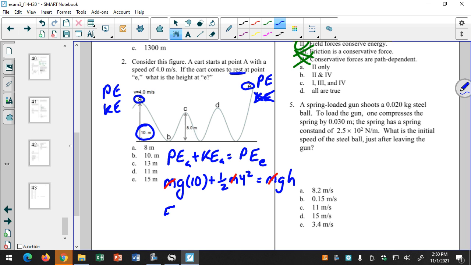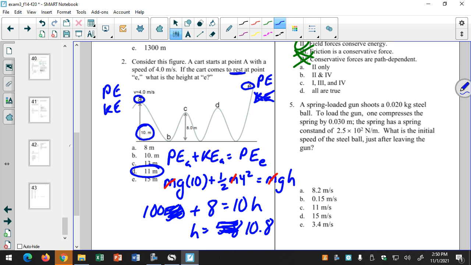So that's 50 plus 8 equals 10 times h, which is what I'm looking for. So h is equal to 58 divided by 10, or 5.8 meters. What? Did I do something wrong? Oh no, this is not 50. Yeah, this is 100 plus 8. That's 10.8 meters, or 11 meters.